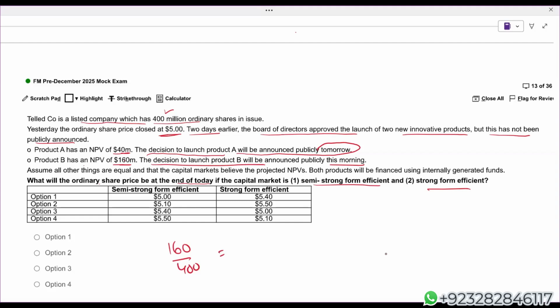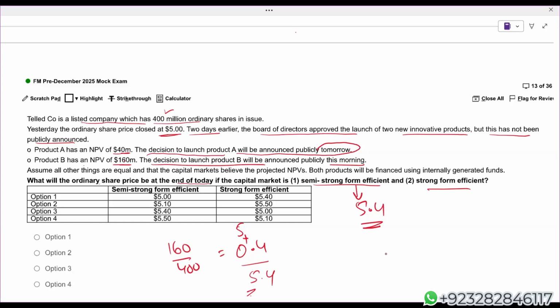Logically, your share price will increase by 0.4. Yesterday it was 5. Early in the morning today, if your company announces project B, which will give you 160 million NPV, then due to this announcement, in case of a semi-strong form efficient market, your share price will become 5.4.